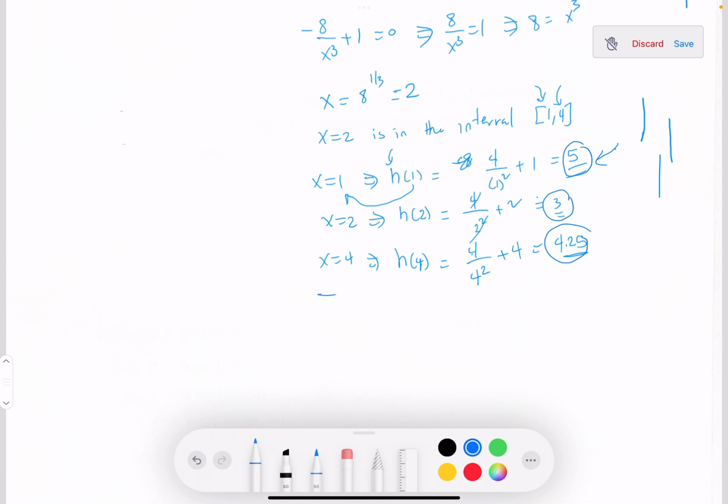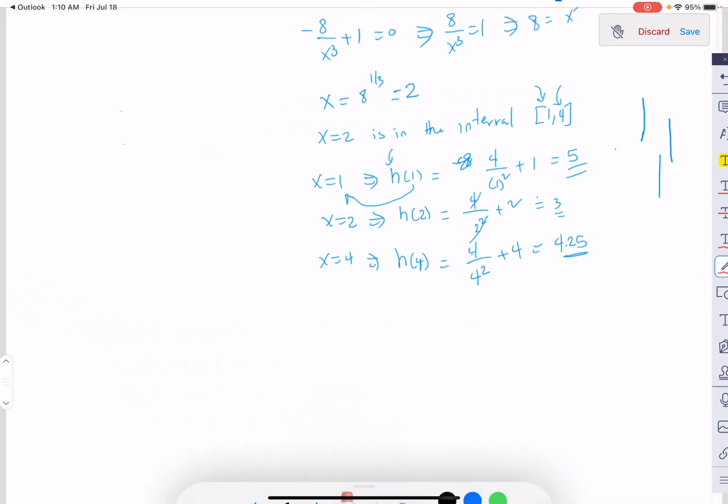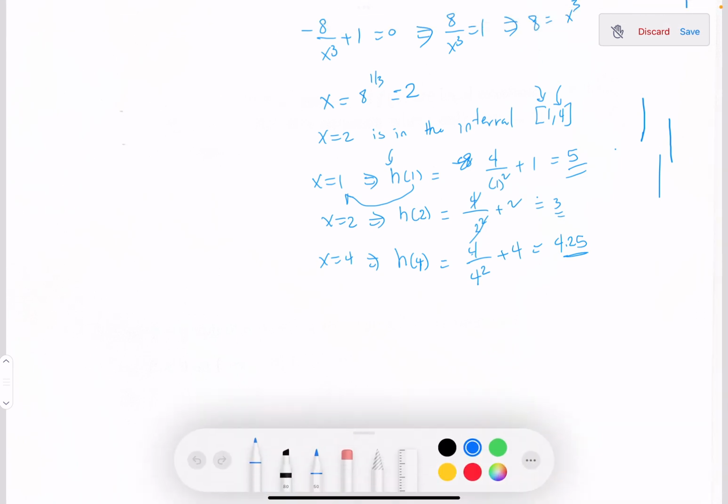The absolute maximum is 5, and that is at x equal to 1.